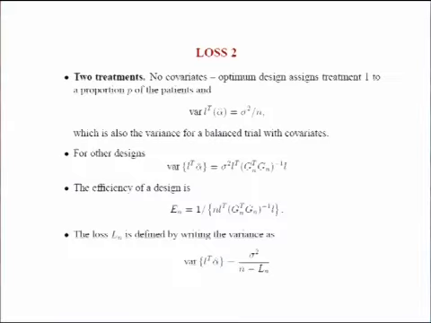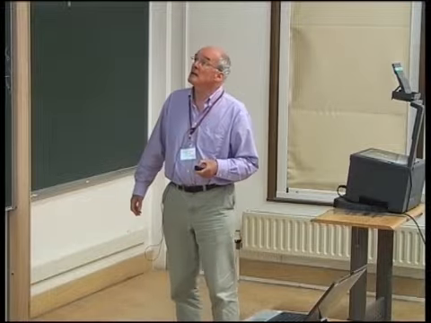Here is the variance. It's sigma squared over n. I define the loss by writing the variance as sigma squared over n minus some quantity here, because it's going to be bigger than sigma squared over n, so there'll be some positive quantity to subtract. And perhaps that's on the next slide. Yes, there it is.